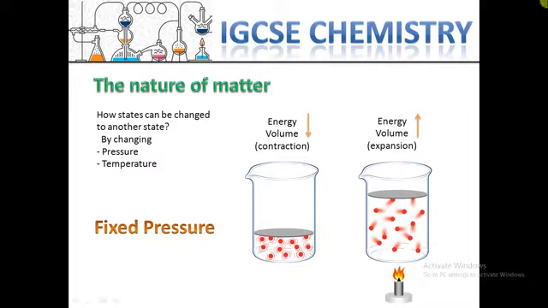So the energy increases, and if the energy increases, they move a lot and hit each other. So the volume would be increased also. Finally we will have expansion. That means the volume expands, the matter expands, and the energy is higher.